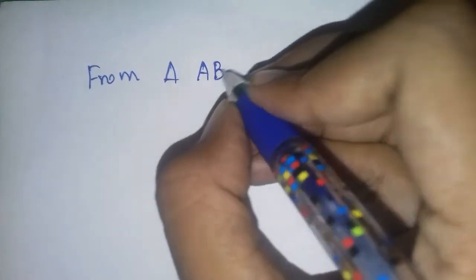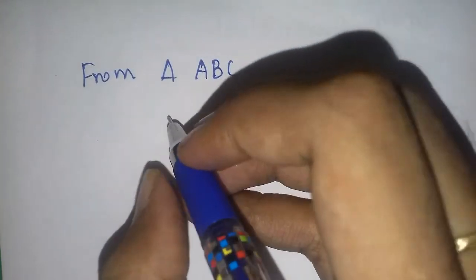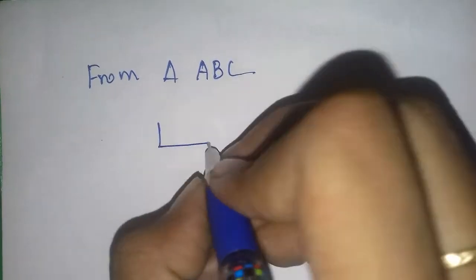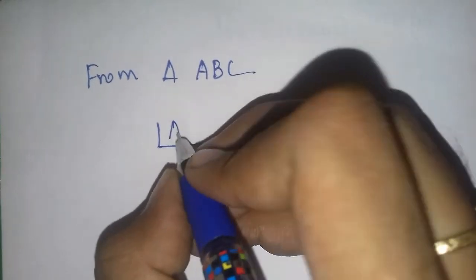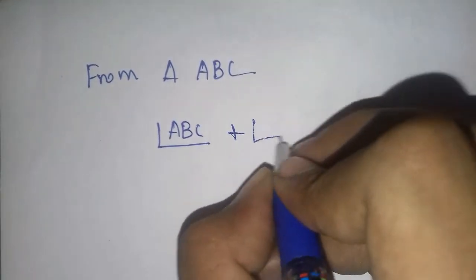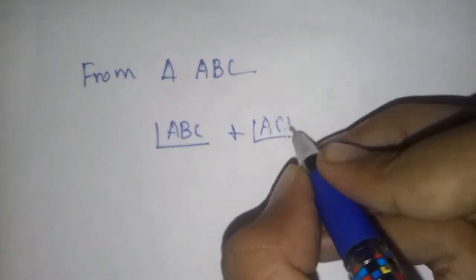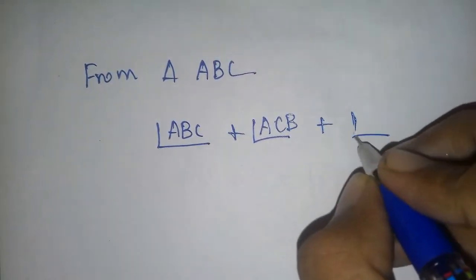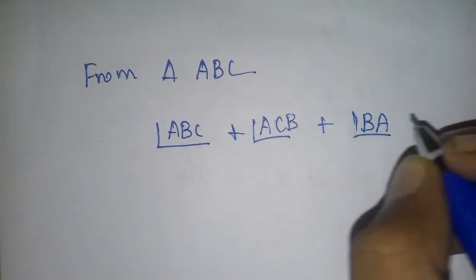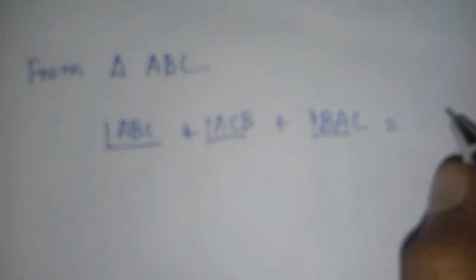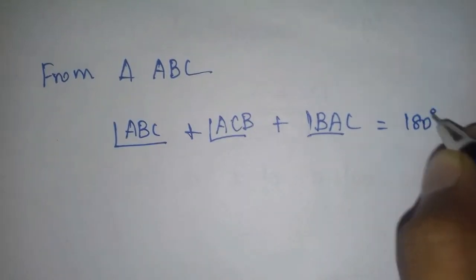From triangle ABC, what will you write? Angle ABC plus angle ACB plus angle BAC is equal to 180 degree.